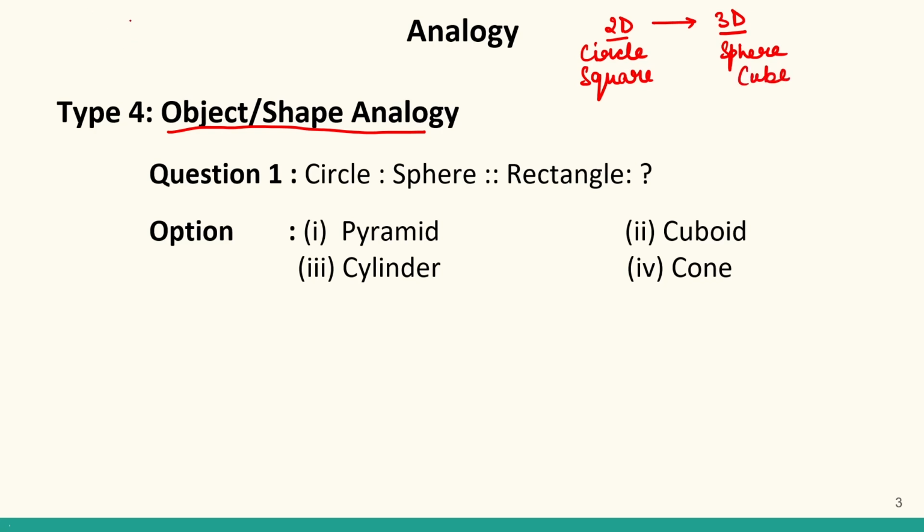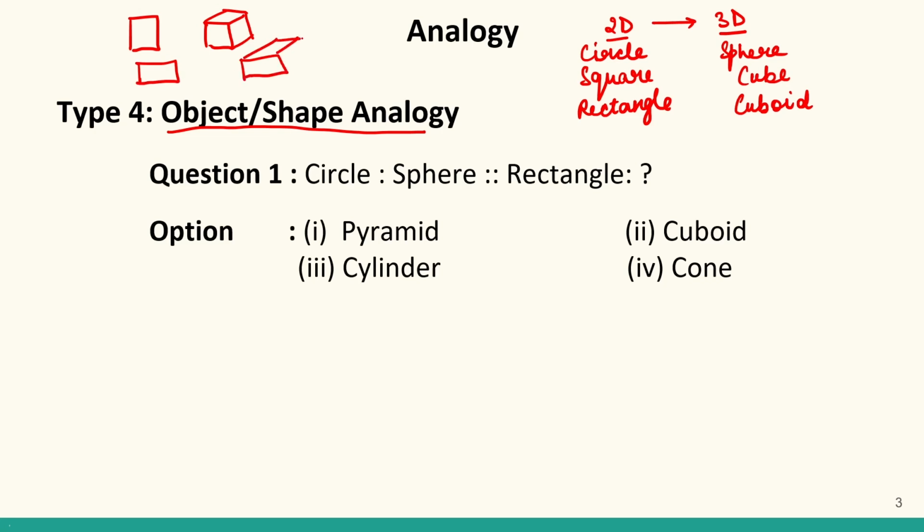So if we have a square, this will be the corresponding 3D figure for it. Similarly, for rectangle, the corresponding 3D figure is called a cuboid. If this is a rectangle, the corresponding 3D figure looks something like this.